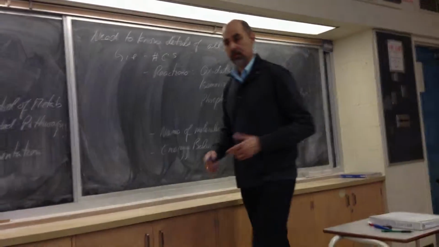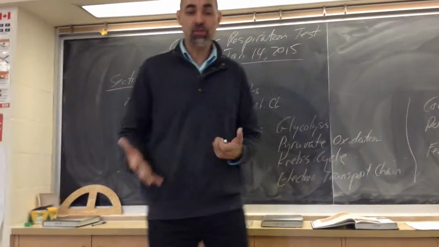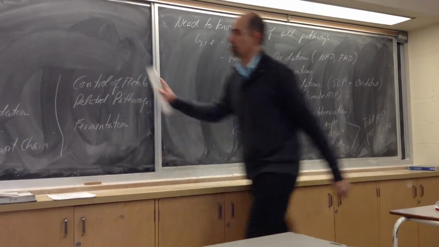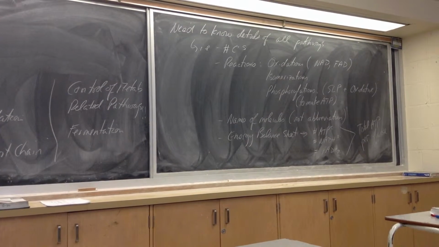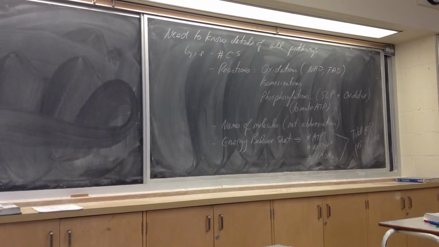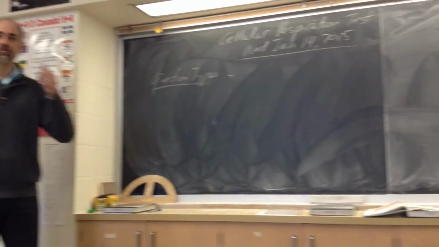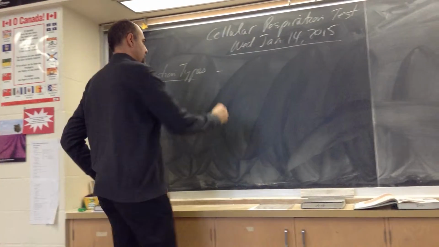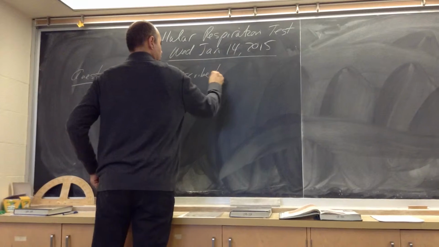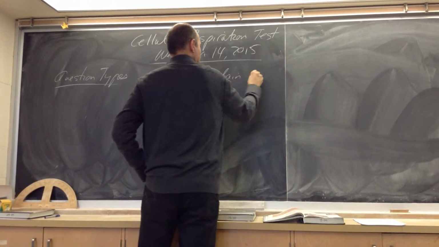Okay, good. So that is important, so you need to know that. So what kind of questions might you expect? Let's take a look at that. Question types. For sure, I'm going to ask you to explain at least one of the pathways, or describe a pathway.